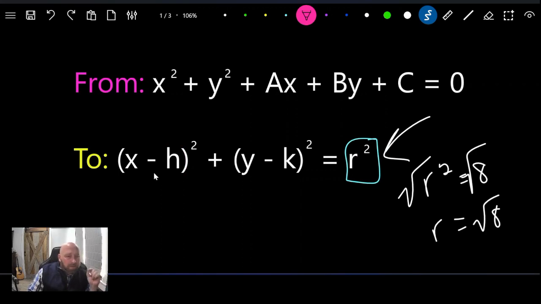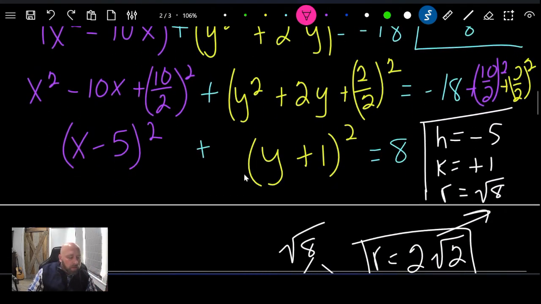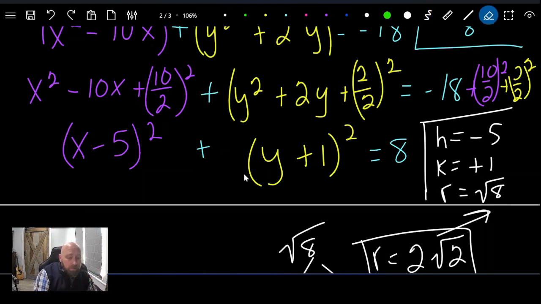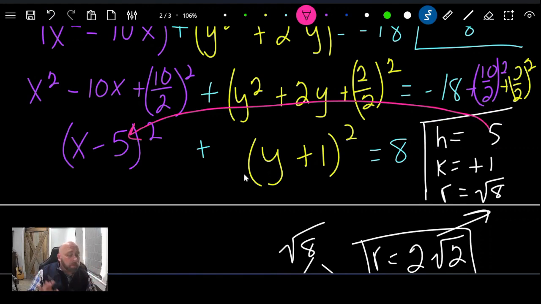When you have a negative here, what are you inserting into that spot? You're not inserting the negative. You're just inserting the positive number. That makes our h right here a +5, because when we insert the +5 in there, it keeps the formula negative.